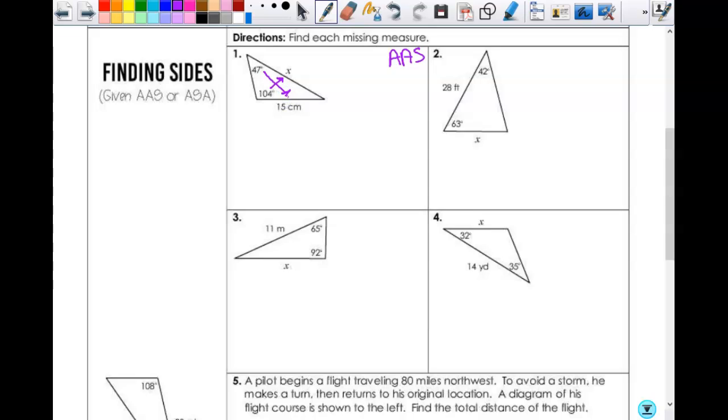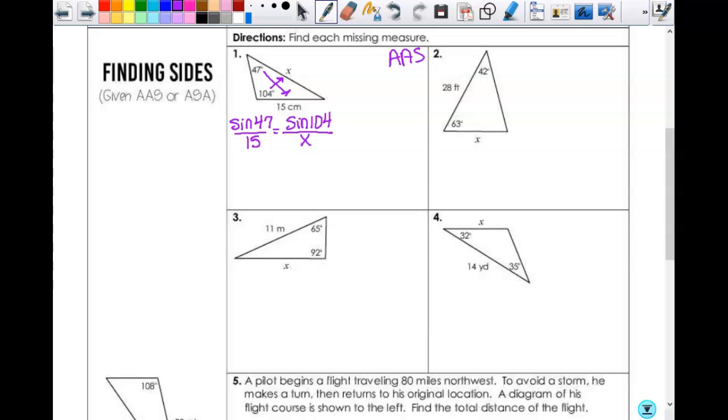So to be consistent, the first fraction I'm going to set up is the one that has all the information I need in it, like there's no variables. So that would be using this 47 and the 15. So I can say that the sine of 47 over 15 equals, and then the other angle I have is 104, so the sine of 104 over the side that's across from it, which is x.